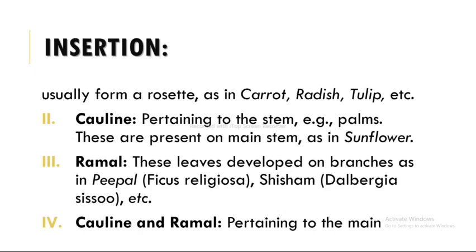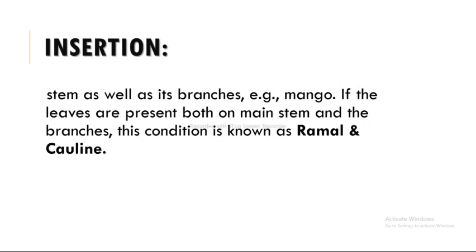Second type is cauline, pertaining to the stem, for example, palms. These are present on the main stem, as in sunflower. Third type is ramal. These leaves develop on the branches, as in peepal, which is also known as Ficus religiosa, shisham, Dalbergia sissoo, etc. Fourth type is cauline and ramal, pertaining to the main stem as well as its branches.